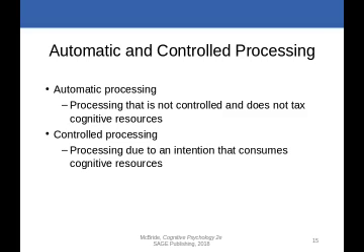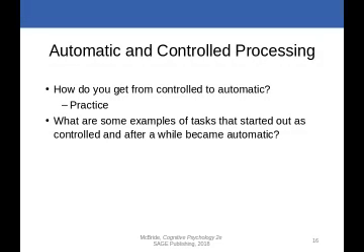Tasks that are automatic don't require much attention, and they don't tax our cognitive resources. So researchers are interested in how a process becomes automatic, so that it doesn't have to tax your resources anymore. Well, one of the factors that seems to go into making processes automatic is, as you've probably guessed, practice.